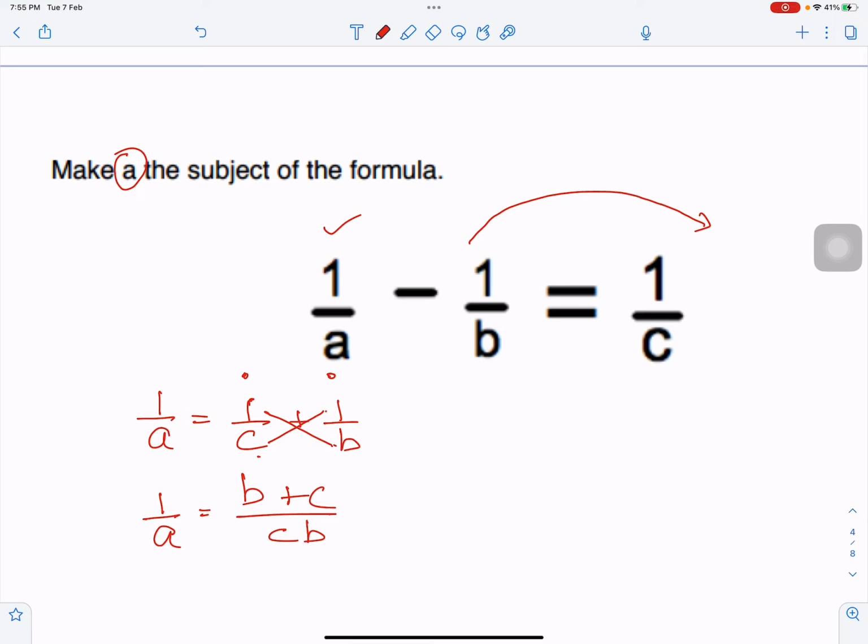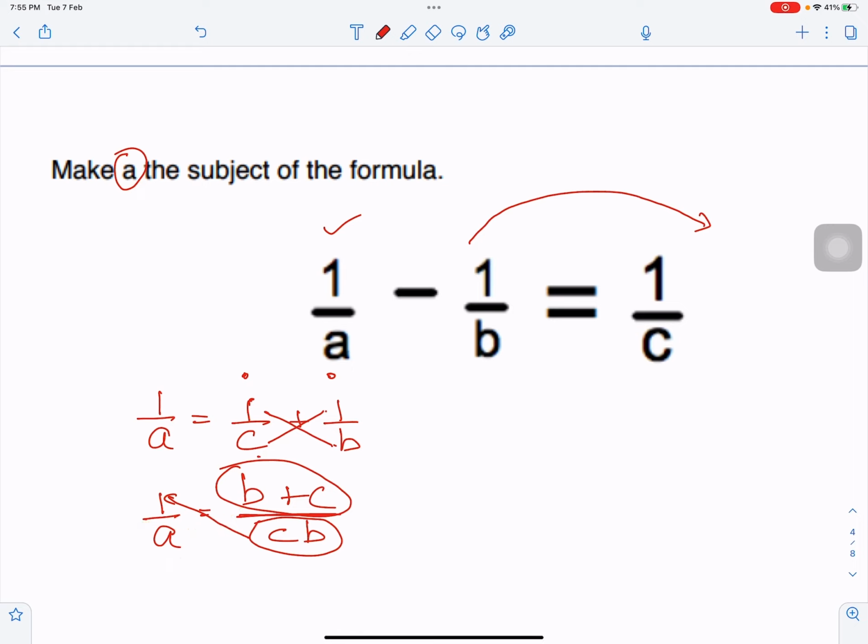Now because overall the denominator is the same, this is considered as one term and this is also one term. So when you have one term on each side, then you can do cross multiplication. The whole of the denominator will go here in the numerator, the whole of the numerator will go in the denominator, and this a will go up there.